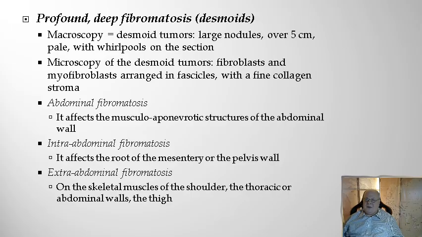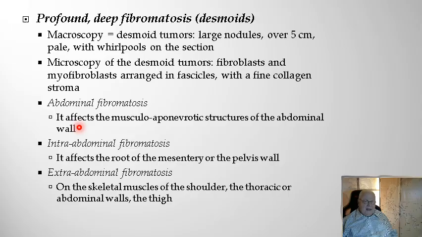The profound or deep fibromatosis, also called desmoid tumors, are another group, appearing deeper than the superficial fascia, also by infiltrating the nearby tissue. One possible location is the abdominal wall, most exactly the muscle of the abdominal wall, called abdominal fibromatosis.